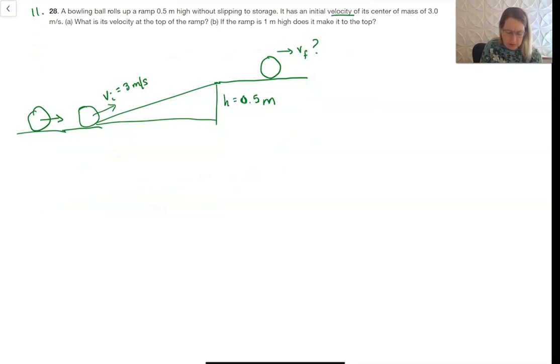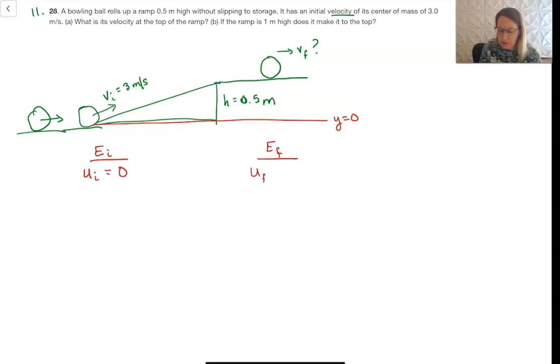So we want energy initial, energy final, and we'll set this as our y equals 0. And so the initial potential energy is 0. The final potential energy is mgh, where our h is 0.5 meters.